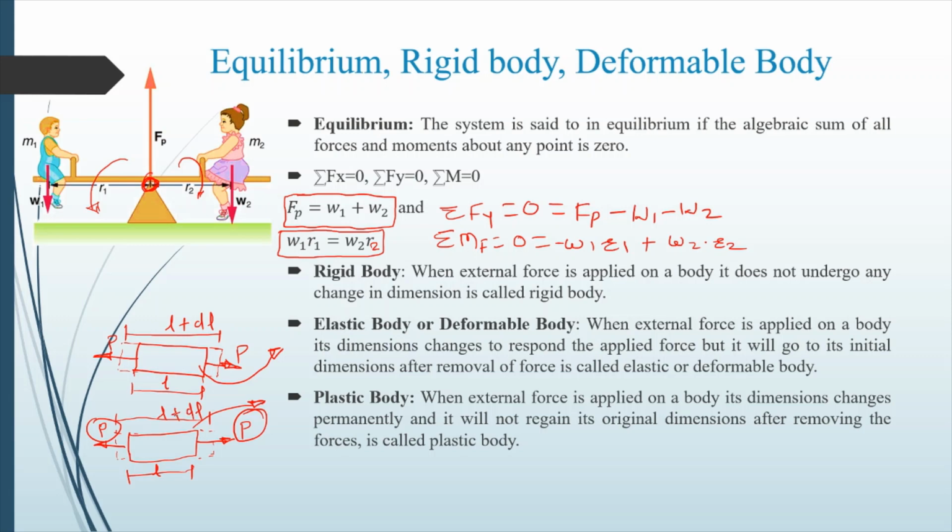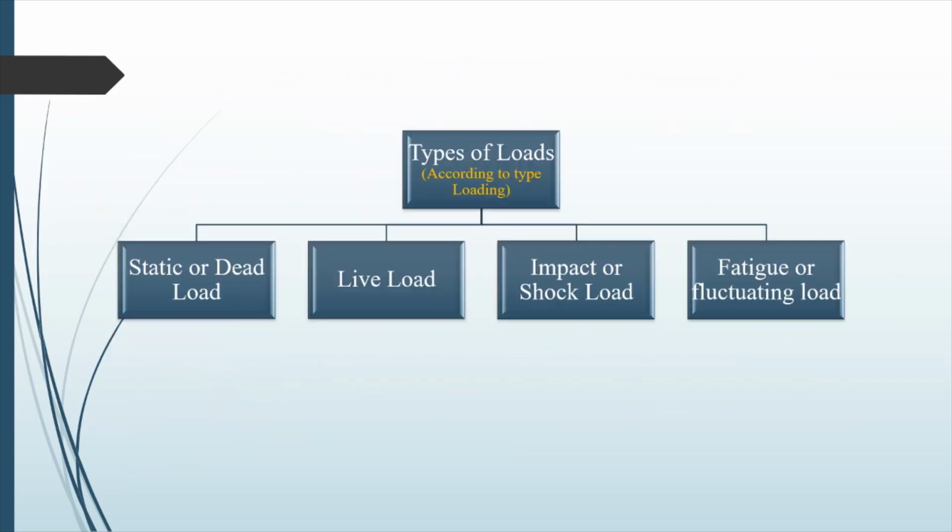That is, the length which changed due to the application of force remains as it is after removing the force. So we can say the body has permanent deformation after application of force, and such a body is called a plastic body.